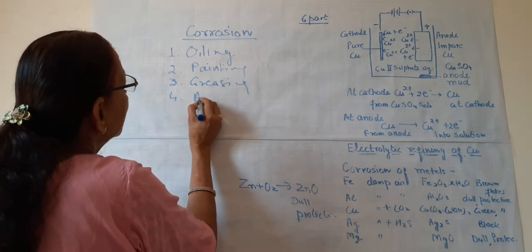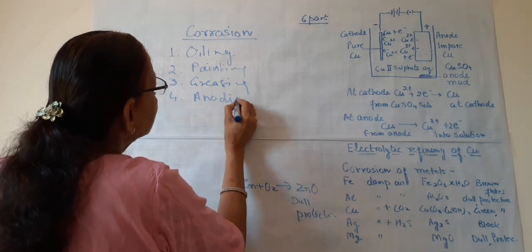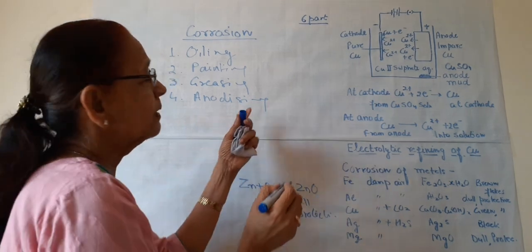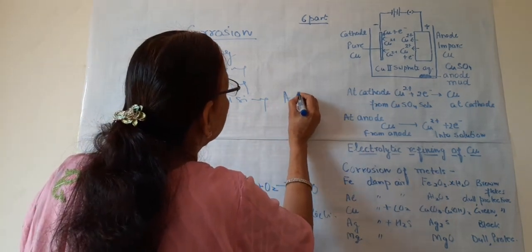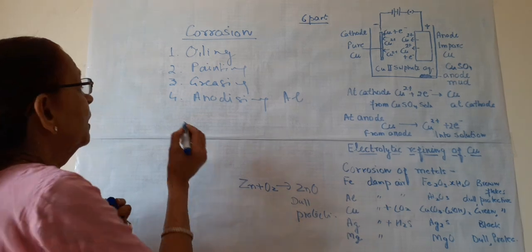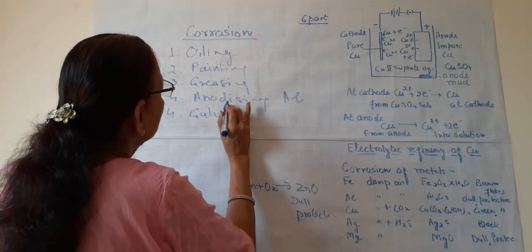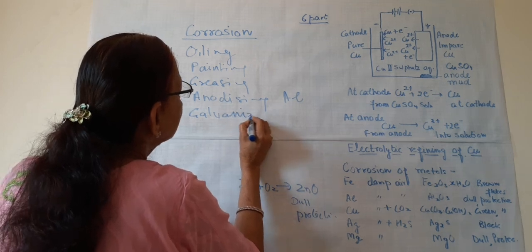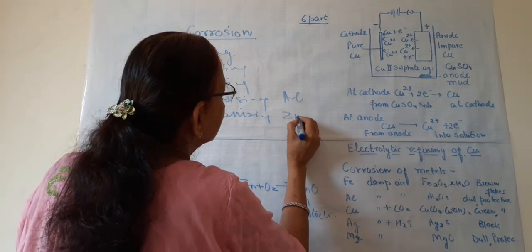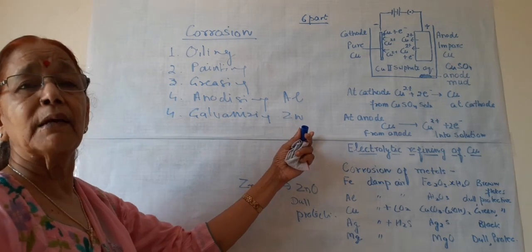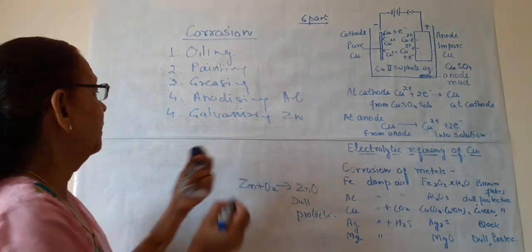then anodizing can be done. Anodizing is covering the metal surface with aluminium. This is known as anodizing. Then galvanizing is done, and this galvanizing is covering of the metal surface with zinc coating.